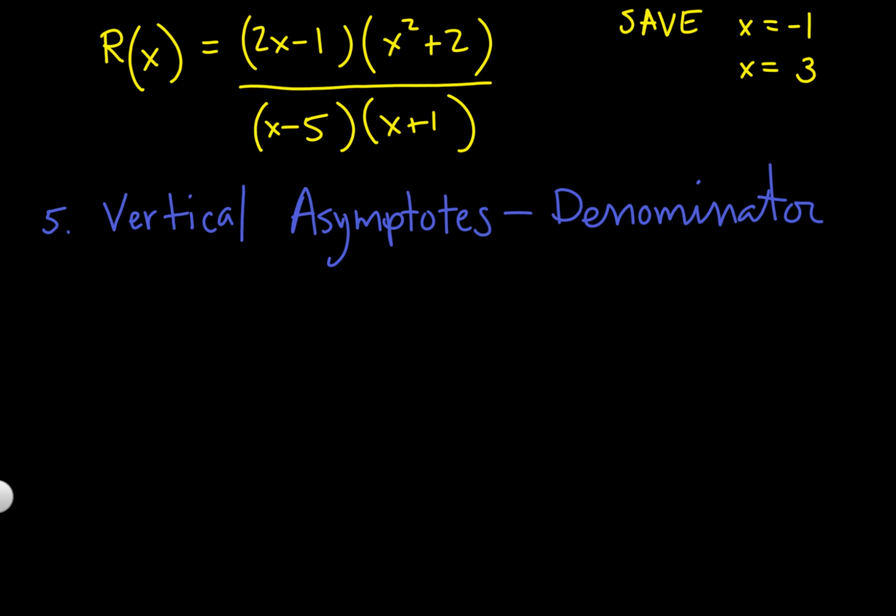Next step in analyzing the function is to determine the vertical asymptotes. Vertical asymptotes come from the denominator. Remember, a vertical asymptote is the line the graph approaches.